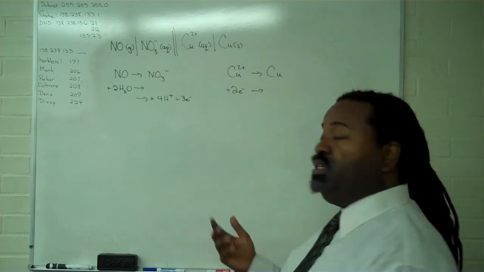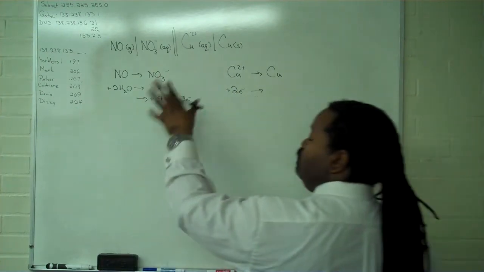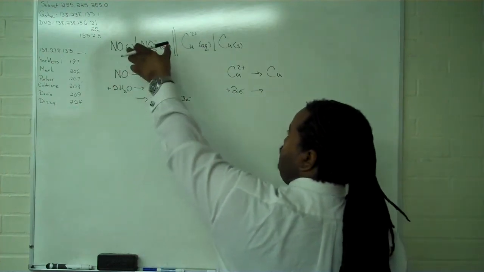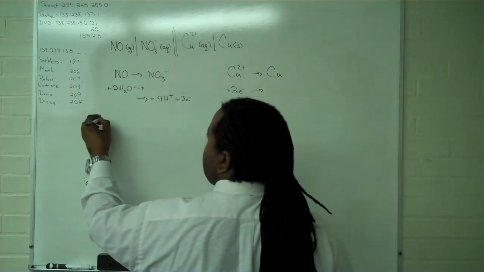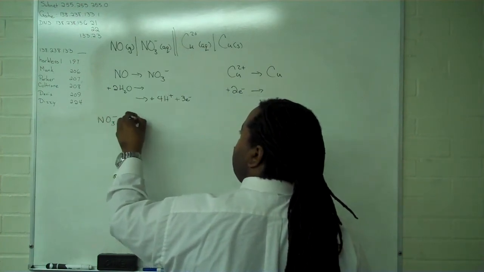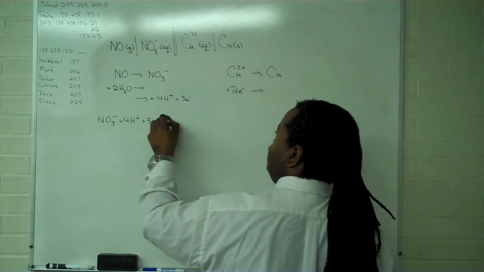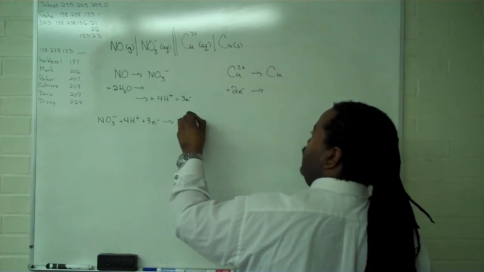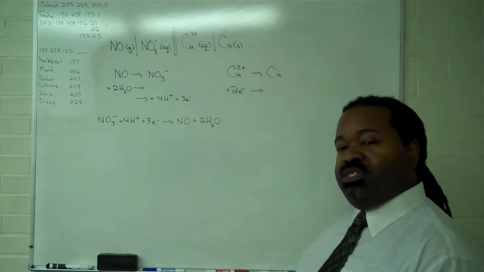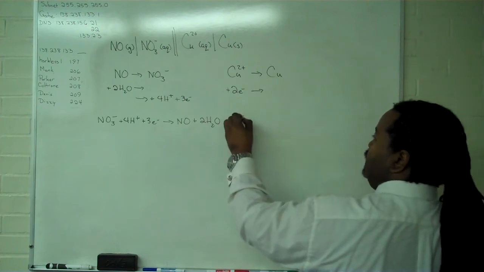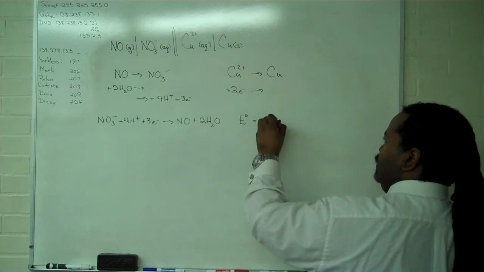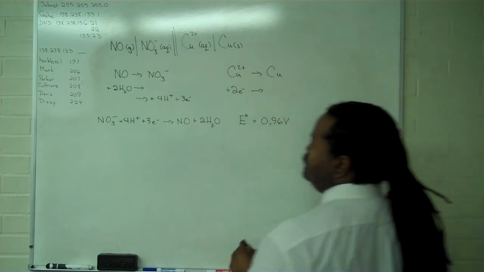Now once we have the completed half reactions, the next step is to write both of these as reduction so that we can find them in the lookup table, which means that this half reaction must be reversed. So this has been written as reduction, and we can find any standard reduction potential table, and we find that this has an E cell standard of 0.96 volts.